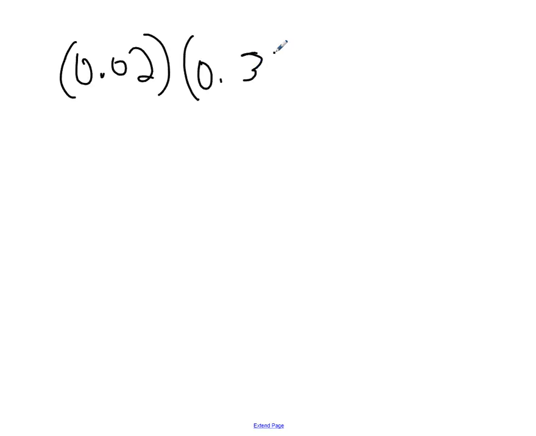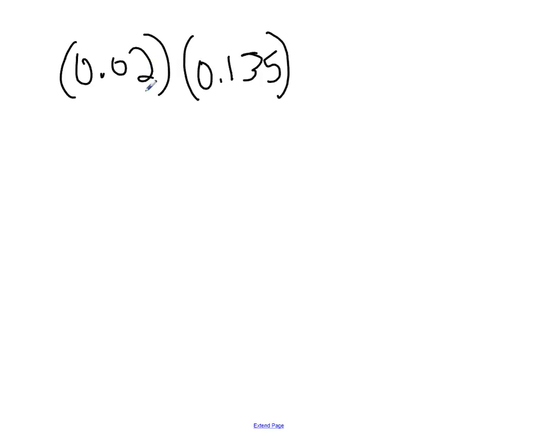Let's do another one. 0.02 times 0.35. So that 2 is in the hundredths place, right?